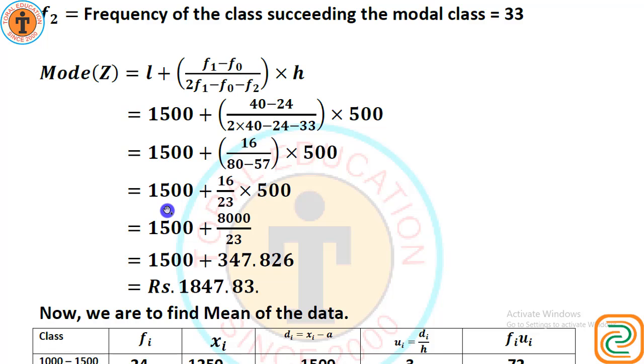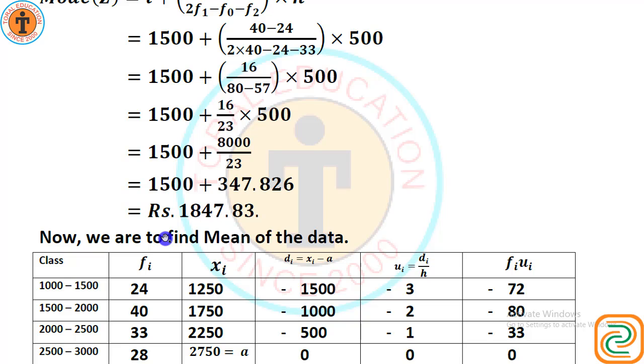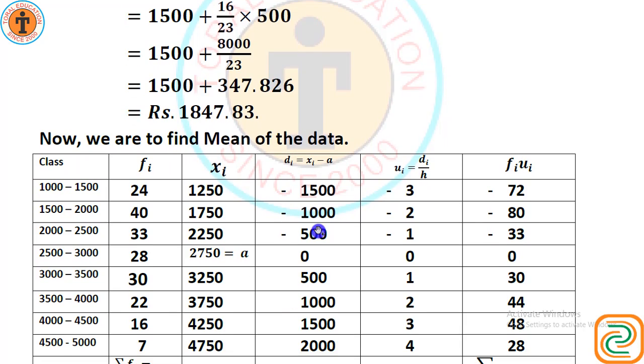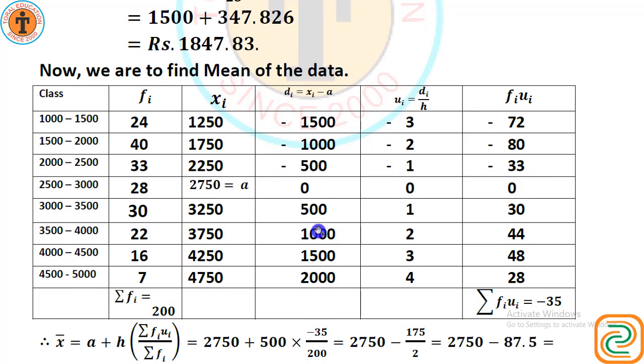Now we are to find mean of the data. So to find mean, we need to draw a table. We have drawn this table: Fi, Xi, Di, Ui and FiUi. You are now very well aware of all these things, aren't you? Fi is the frequency given in the table, Xi is the mid value, that is this plus this upon 2, right?